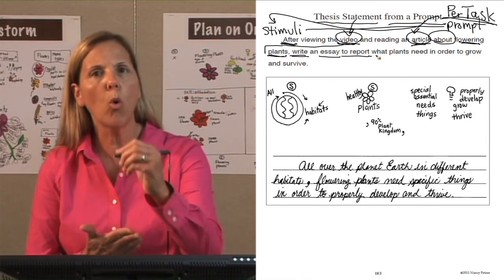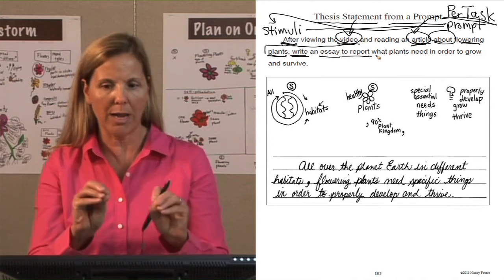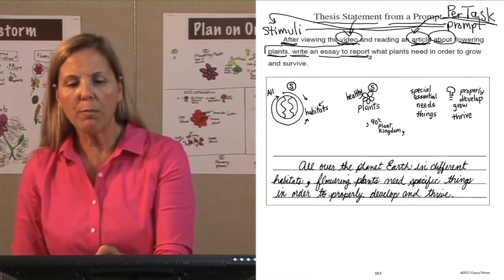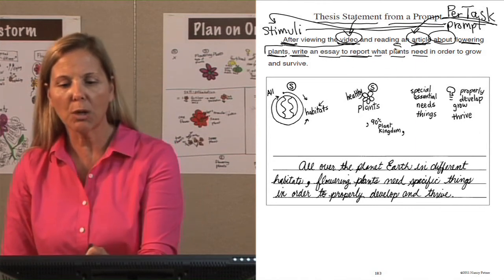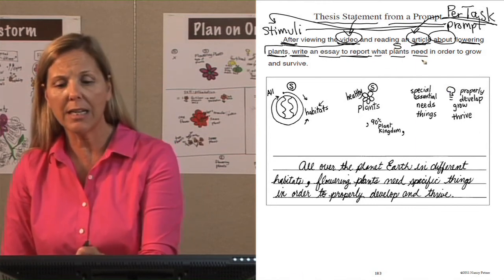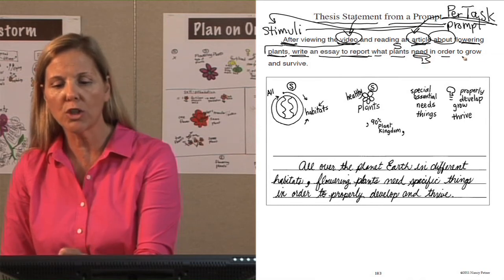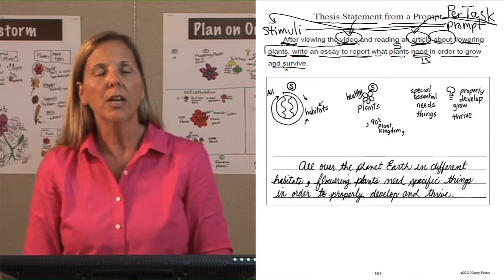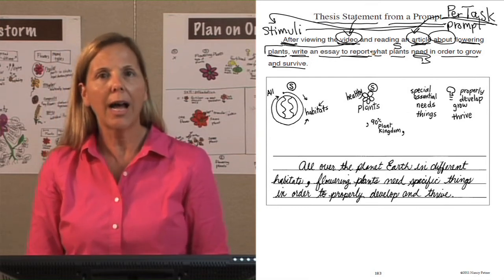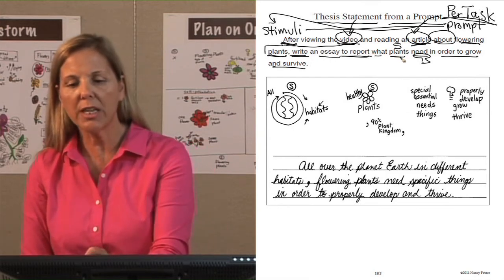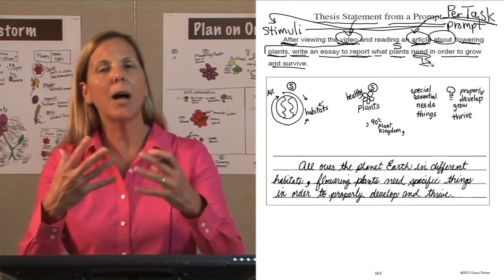I am just reporting on the information that I read about. To report what plants need. So there's my subject, plants, and what's my big idea? What they need in order to grow and survive. So right there on my prompt, I can identify the subject and the big idea of my essay.